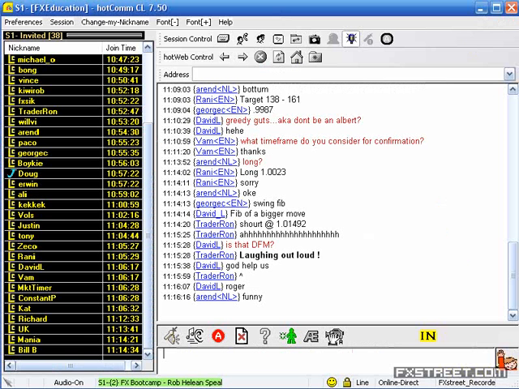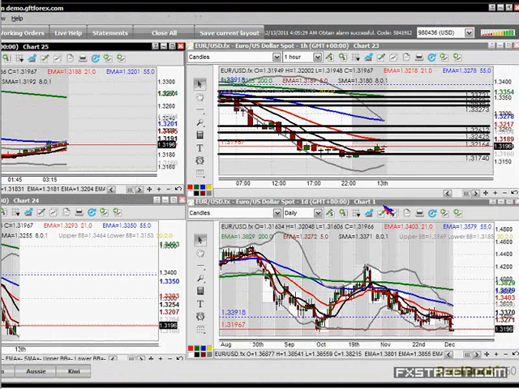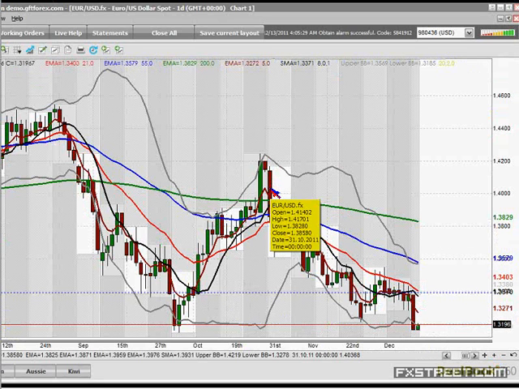Now, something a little more interesting is the euro. Here's the daily chart on the euro. Does the euro daily chart look a lot more bearish than the Aussie? Yes or no?